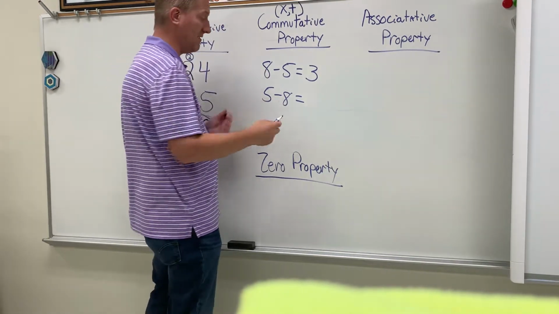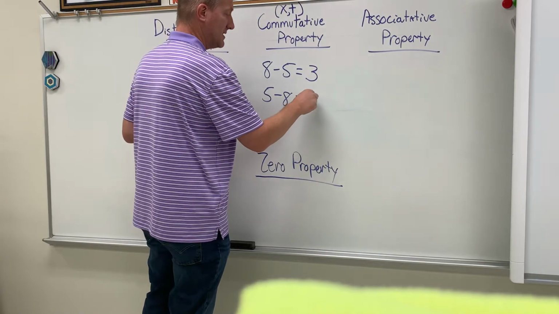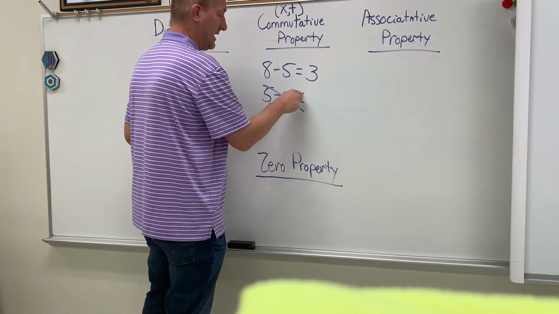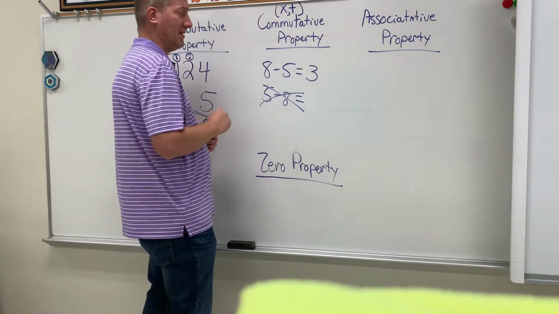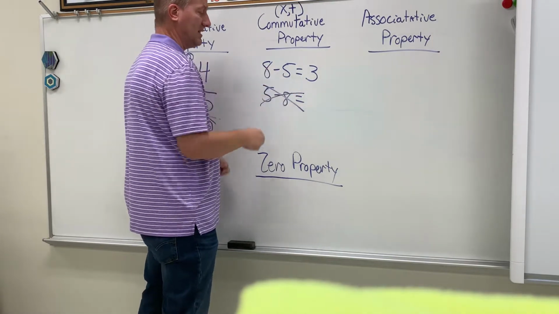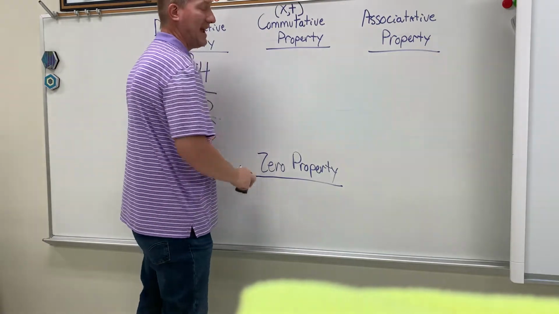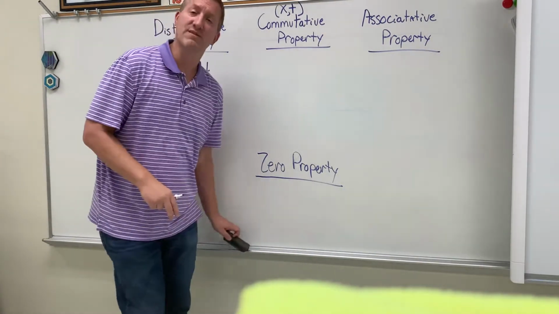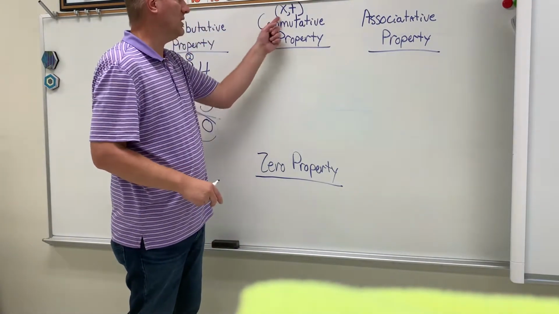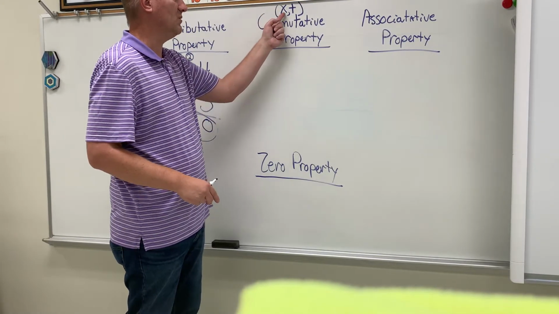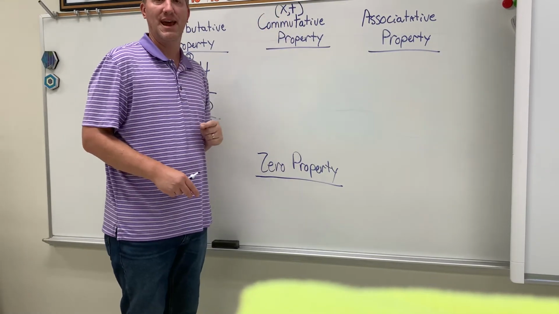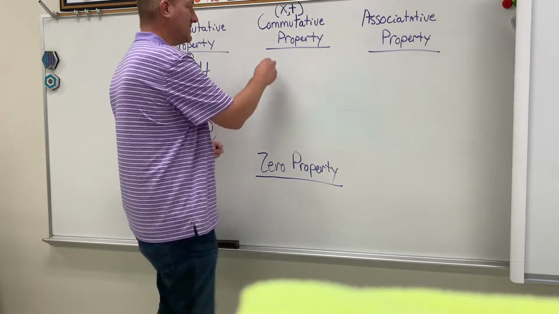So this we cannot do, and those aren't going to get the same answer. So it doesn't work for subtraction, and it also doesn't work for division either. So the commutative property only works on multiplication and addition. So that's the commutative property.